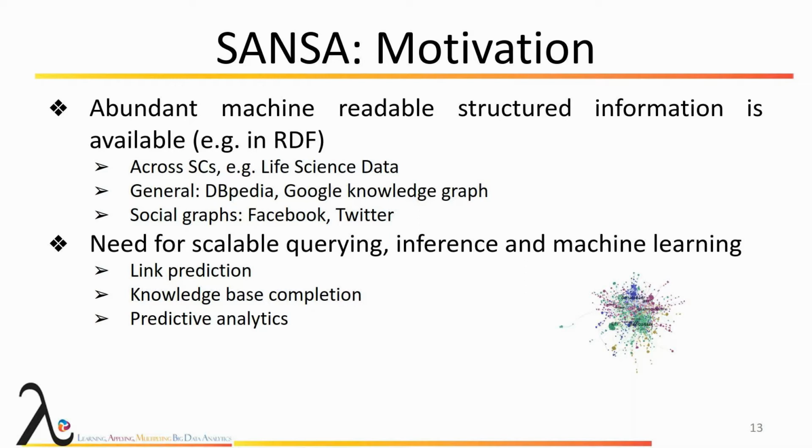And in terms of application, one would need to be able to predict some trends on top of the graph, depending on what it represents. One would like also to be able to compute some link predictions to discover if the graph is not complete in terms of the data it embeds, and also to be able to complete the knowledge base.